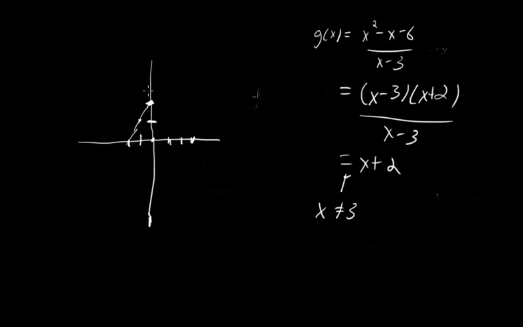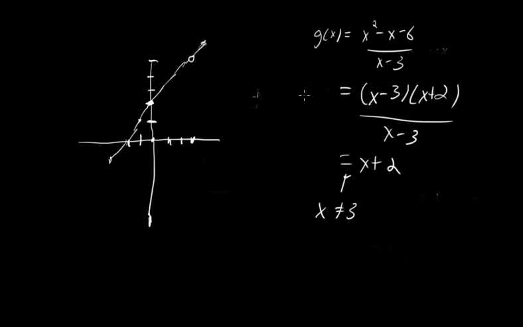And the y value there will be 3 plus 2, which is 5. Well, is that right? I've drawn the hole at 3, 4. It should be at 3, 5 here. Right, yeah. So it'll have a hole here.